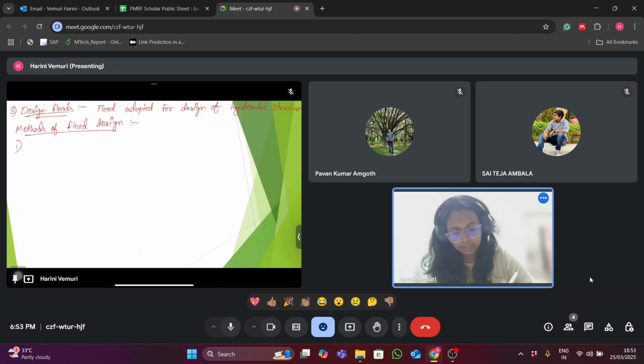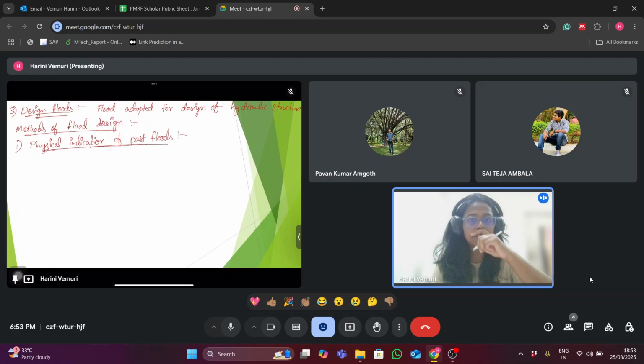The first one is physical indication of past floods. Okay, so this is how we will know: there can be flood marks. Suppose there is a flood event that occurred.